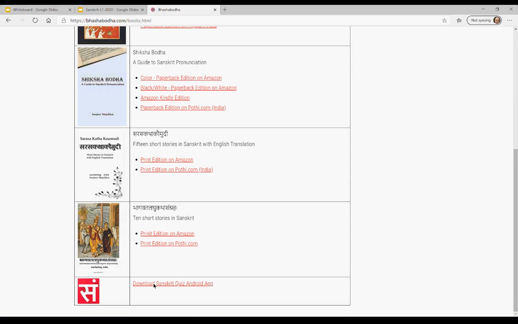If you have an Android phone or tablet, you can download it. In this app there are also practice screens for practicing the Devanagari script, individual letters as well as conjunct letters, vowels and consonants. So there are practice options possible here.